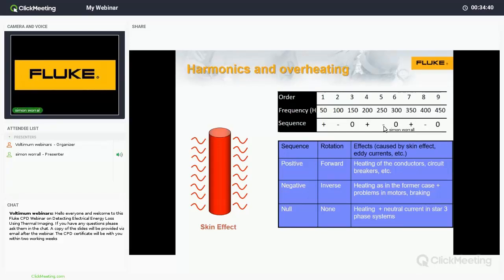They will generate fifth and seventh, 11th and 13th harmonics. So modern devices, variable speed drives, make our motors more responsive and more energy efficient, but can cause us other problems for the motor. If we have a lot of fifth harmonic, this will cause inverted rotation, so we'll put extra stress and cause extra heating on our motors.